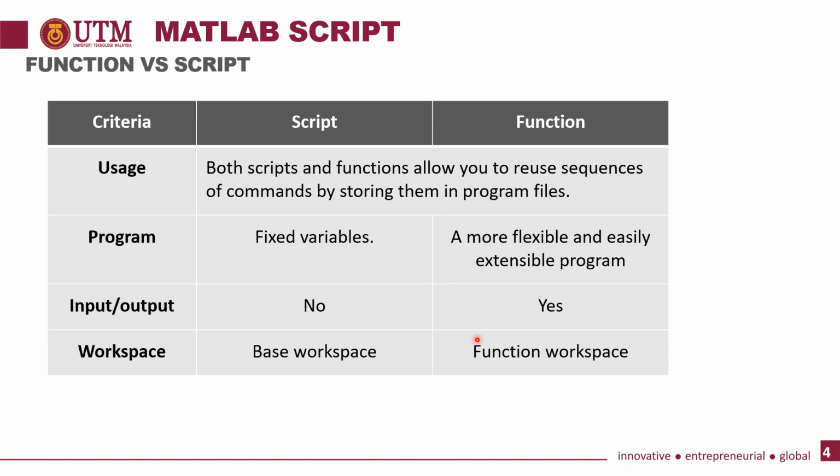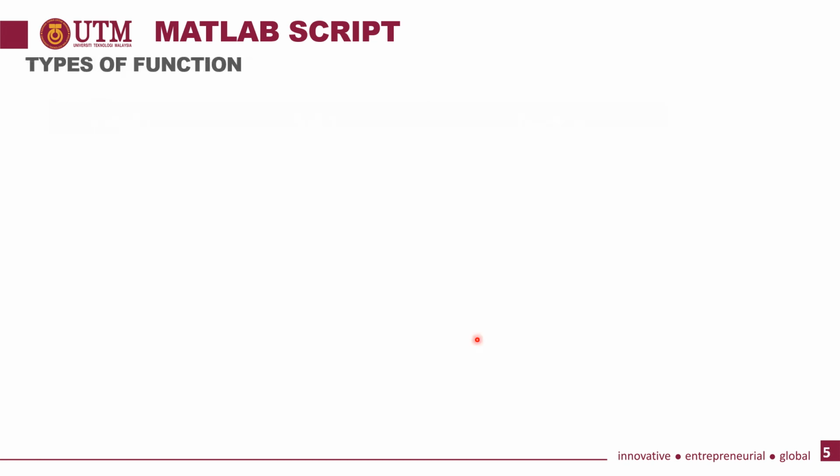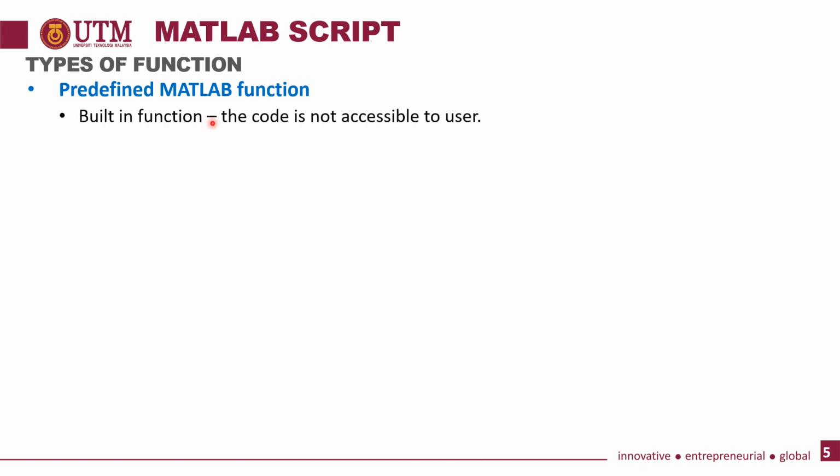Alright. Next is the types of functions. So the first type of function is predefined MATLAB functions. In predefined MATLAB functions, first we have built-in functions, where the code is not accessible to the user. Predefined MATLAB functions are functions that MATLAB has already created for you. You can just use them, right?